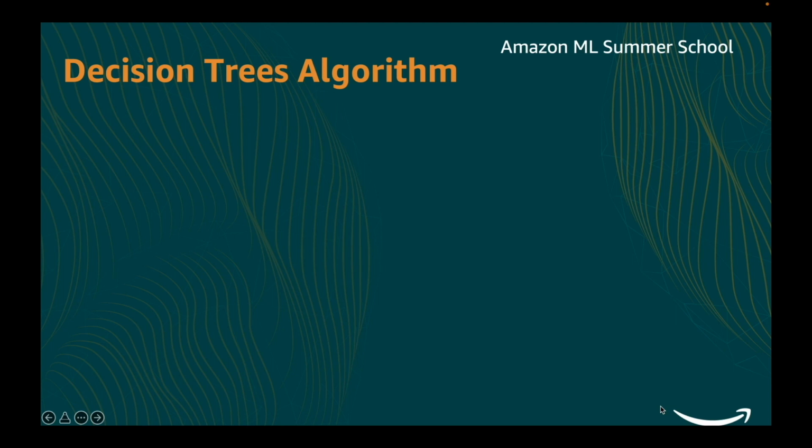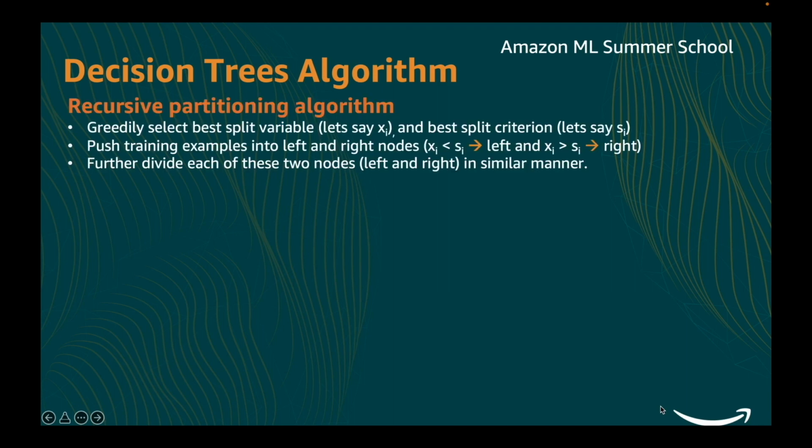So now that we have an idea of what a decision tree does and how it actually divides the space into multiple regions, let's talk about how you actually go about building such a decision tree from the raw data points. So the algorithm you follow is a recursive partitioning algorithm. Essentially what that means is that at every point you do the same thing.